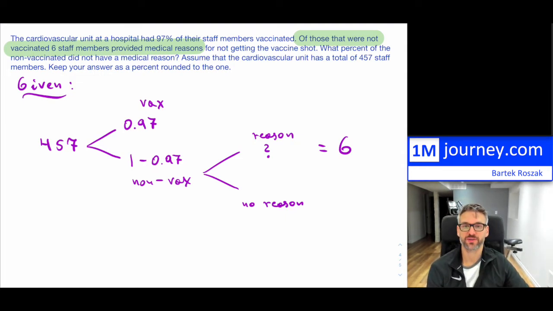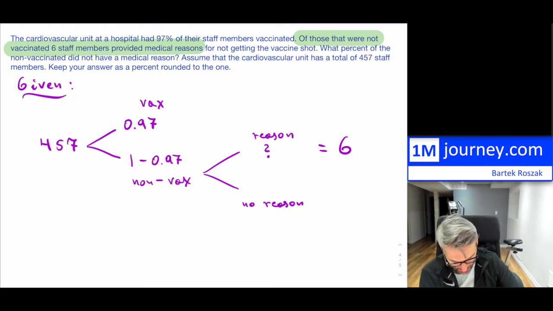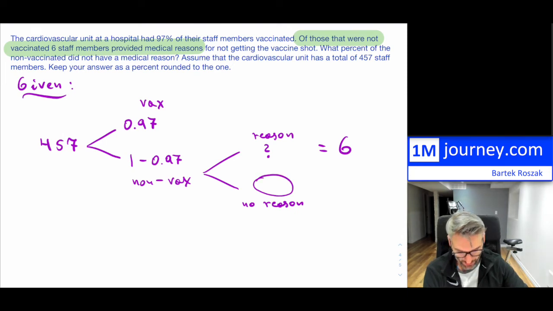Now, it's asking me, what percent of the non-vaccinated did not have a medical reason? So they want to know what percent of the staff members I had right here had no reason.